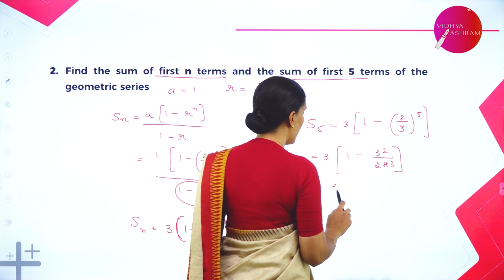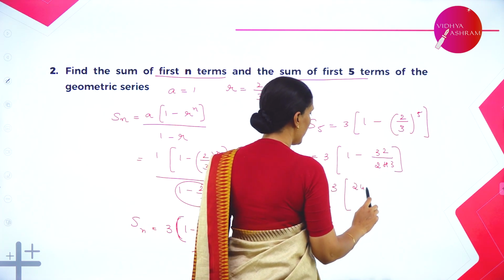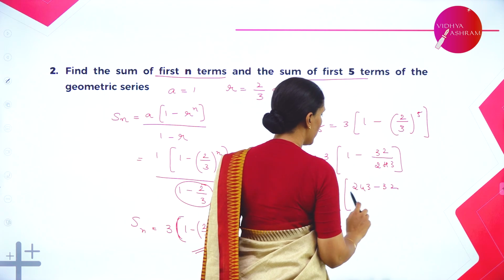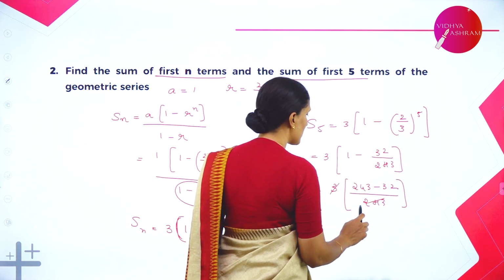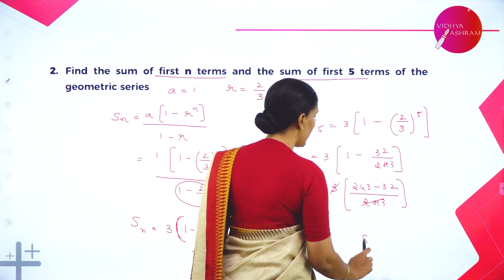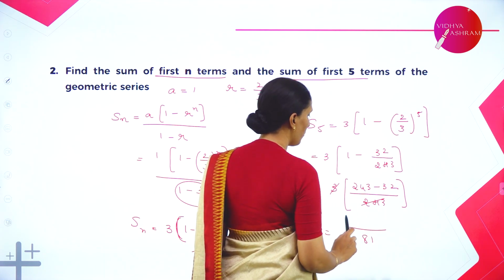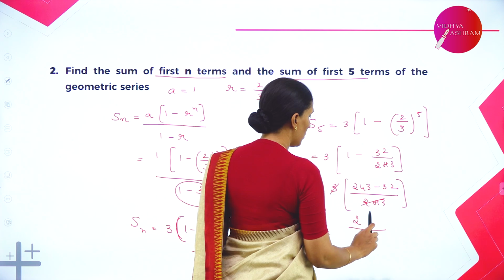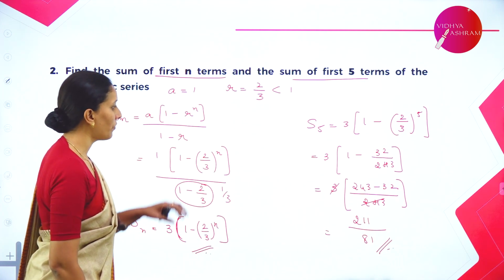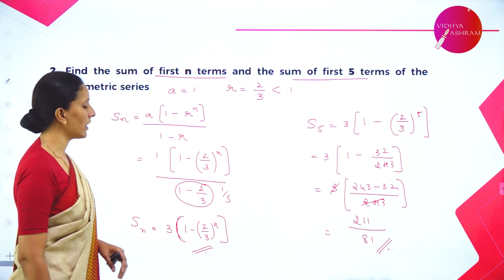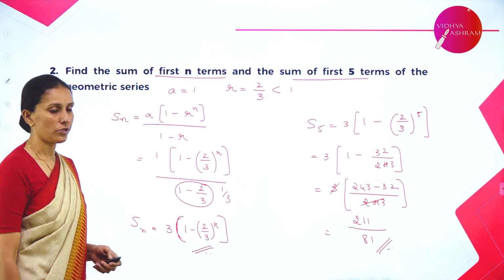So now here it becomes 243 minus 32 divided by 243. So here it gets cancelled. So which is 81 in the denominator and in the numerator it is equal to 211 by 81. So this is the value of the sum of the first 5 terms of the given geometric progression.